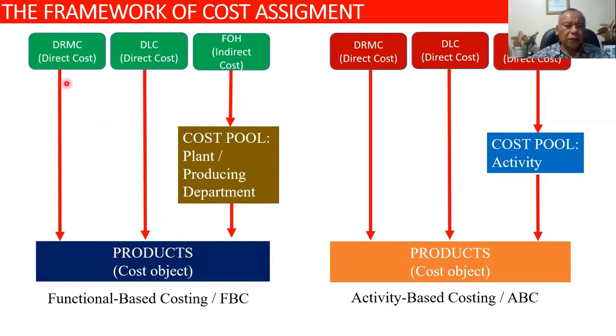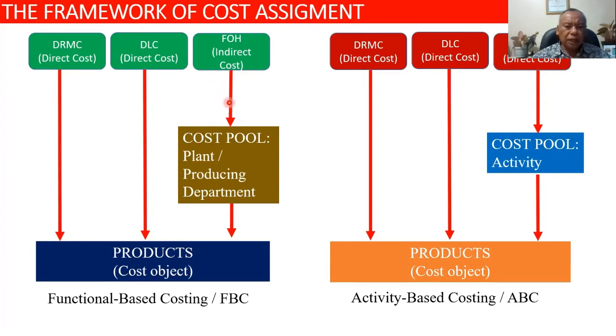For direct raw material costs and direct labor costs, because they are direct costs, we can directly assign them to the product. It is different for the factory overhead costs, because factory overhead is an indirect cost, so we cannot directly assign it to the product. So actually we have two stages.